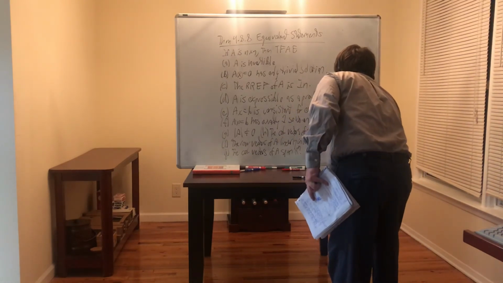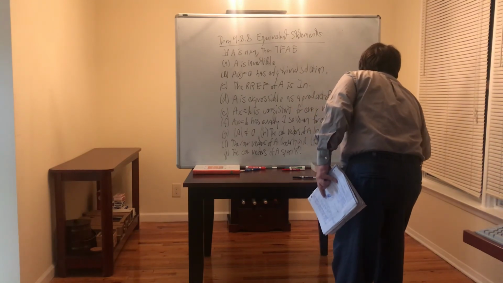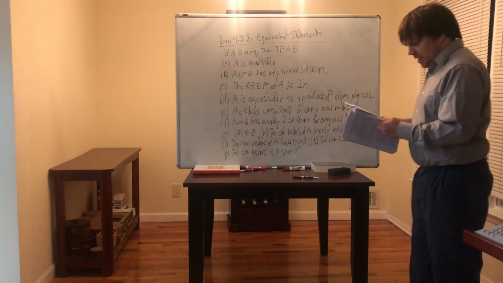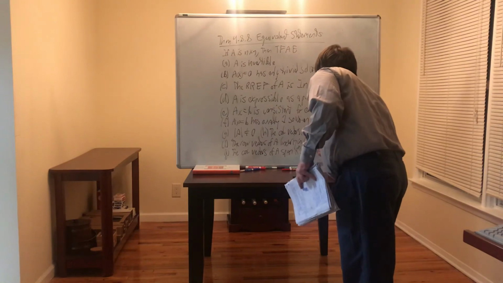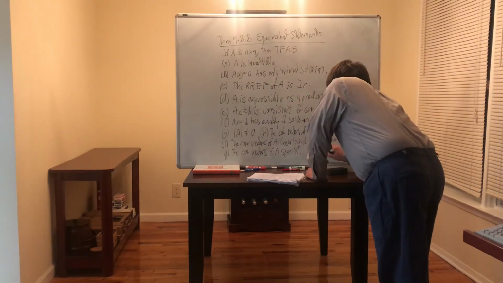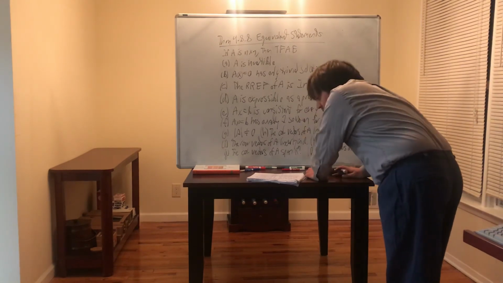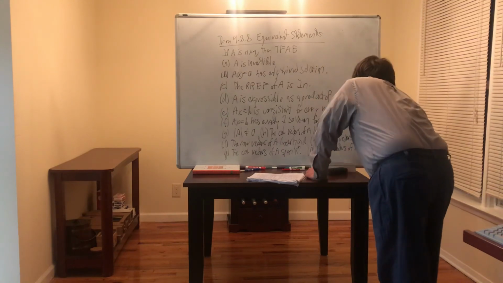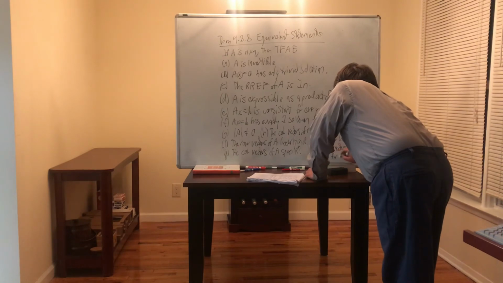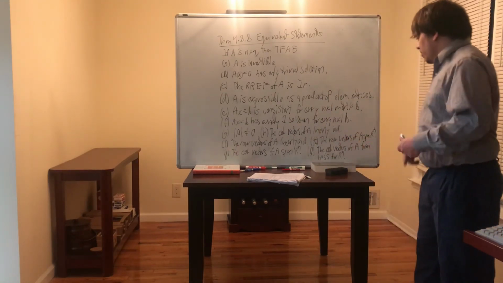So the row vectors of A span Rn, that's statement K. Statement L is the column vectors of A form a basis for Rn. So that's statement L, the column vectors of A form a basis for Rn.